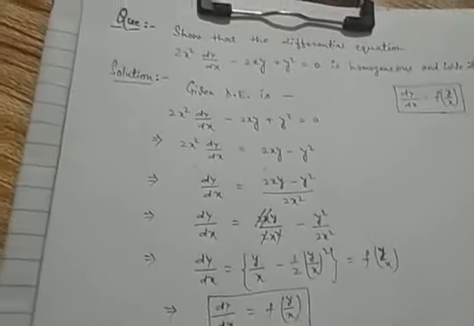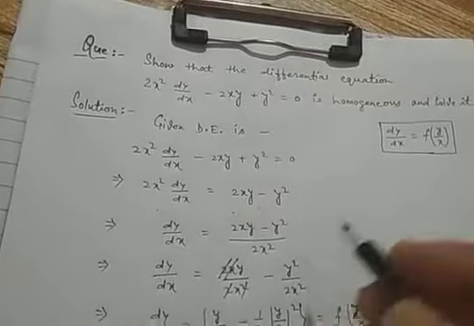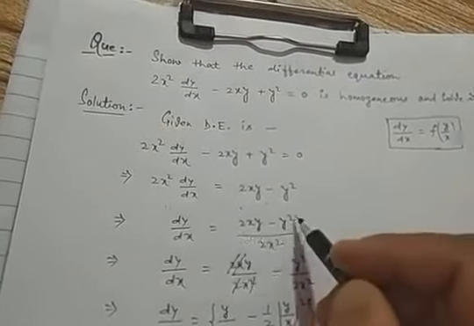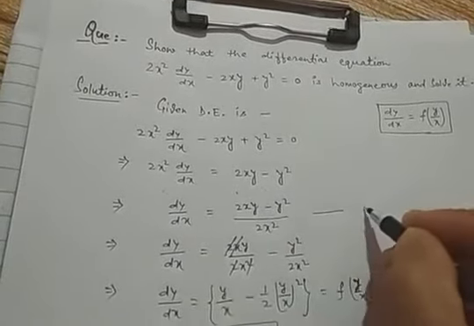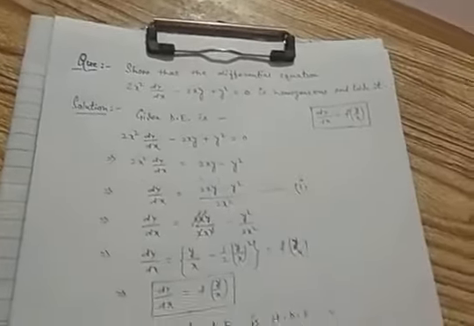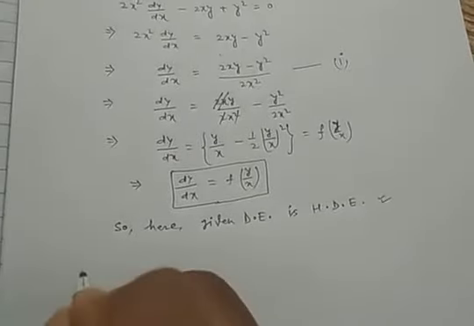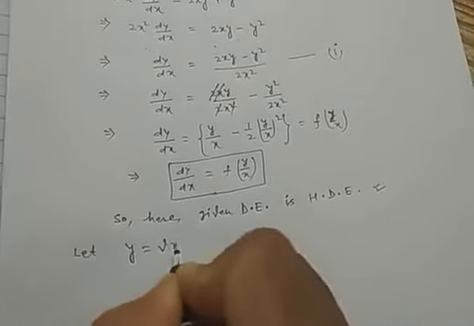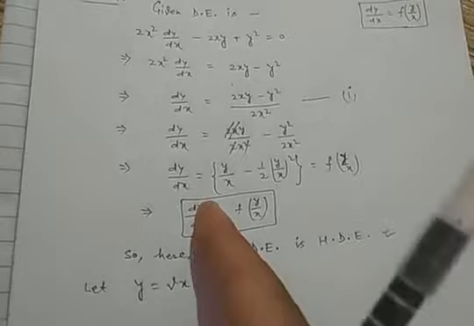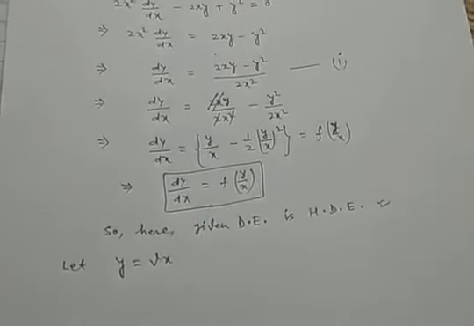Okay, now for the solution, let's suppose this homogeneous differential equation is equation 1. Now for solving it, we have to assume y is equal to vx, because this is the form of dy by dx equal to f of y upon x.